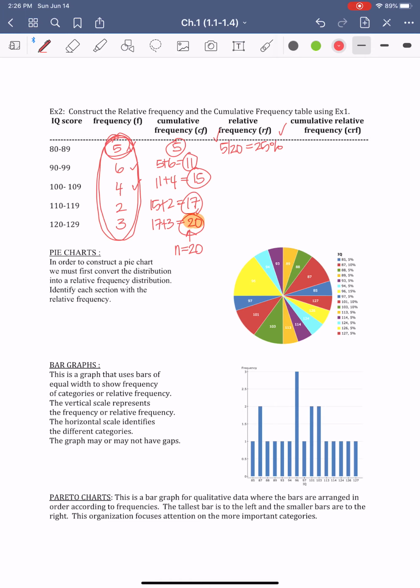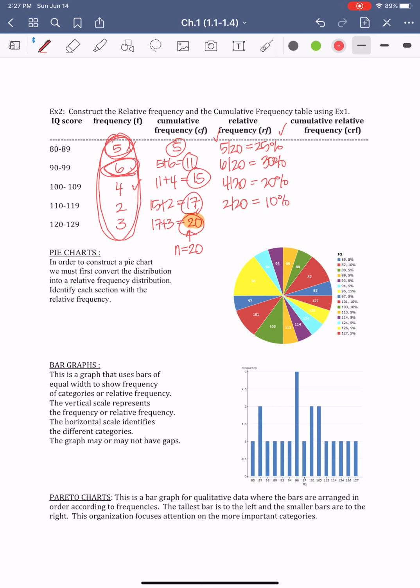Next one for class 90 to 99, this will be the 6 divided by 20. Where am I getting the 6? Again, from the class frequency. If you convert that, that's 30%. 4 out of 20, which is 20%. 2 out of 20, 10%.